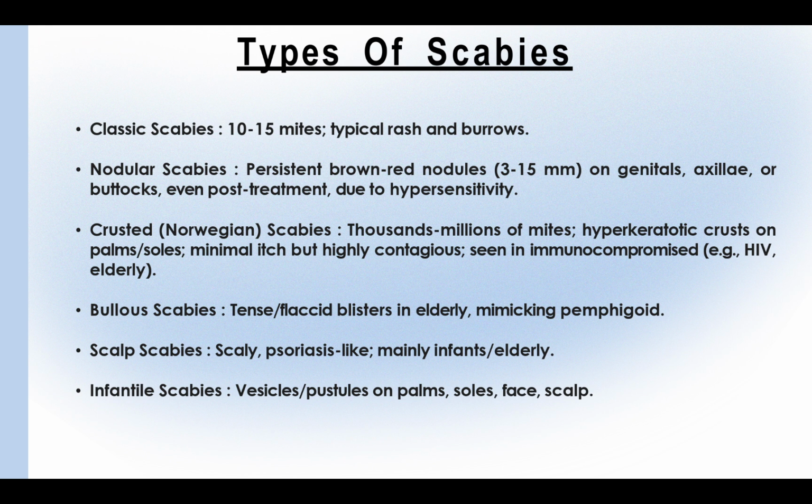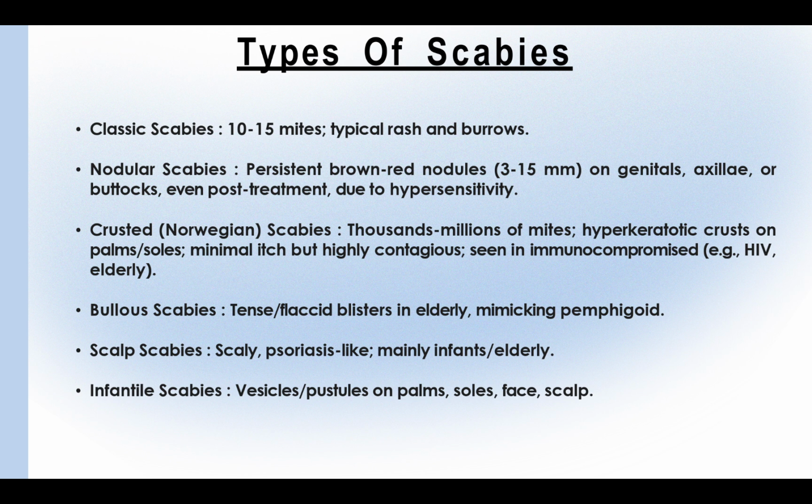Let's break down the types. Classic scabies has 10 to 15 mites with typical rash and burrows. Nodular scabies features persistent brown red nodules 3 to 15 millimeters on genitals, armpits, or buttocks even after treatment due to hypersensitivity. Crusted Norwegian scabies involves thousands to millions of mites with hyperkeratotic crust on palms and soles, minimal itch but high contagion, common in the immunocompromised.